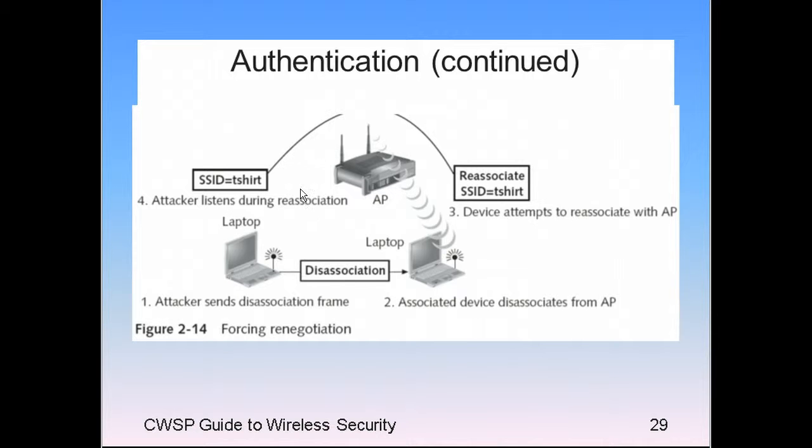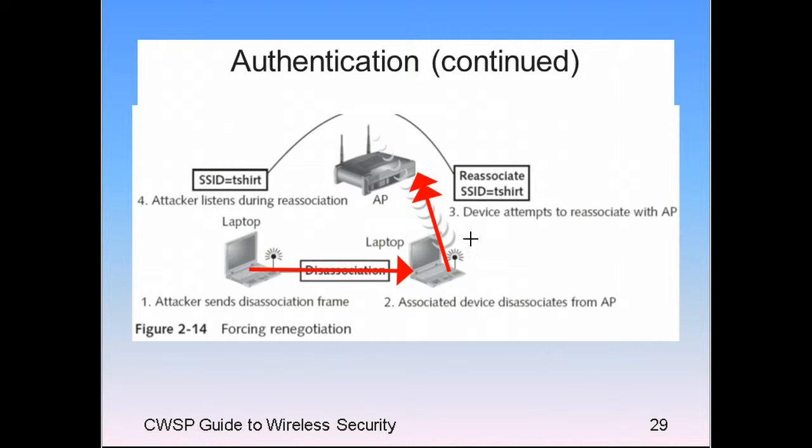This one shows an authentication if we have the SSID, didn't have the SSID, whatever else. The SSID is T-shirt. We can send a disassociation frame to the machine that is connected to the network. Once we send that disassociation frame, it will disconnect and then reassociate.